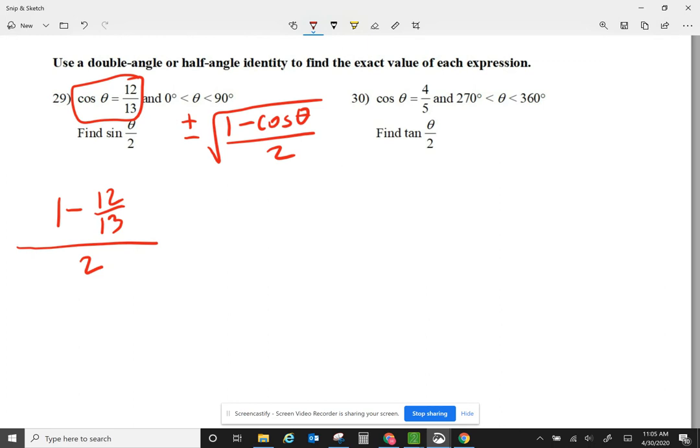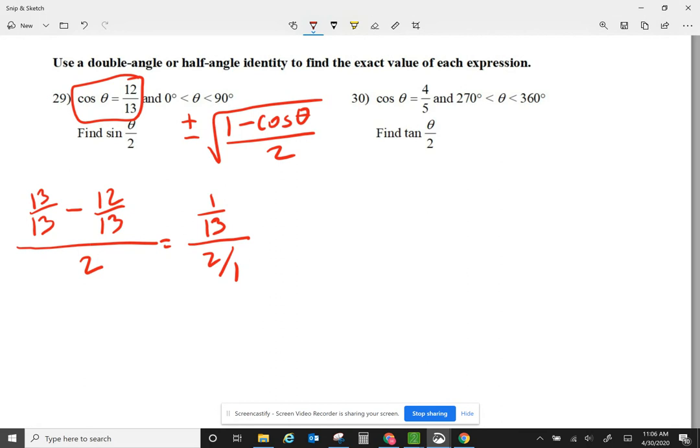I'll worry about the square root at the end. Right now, I'm just looking at that fraction. Let me write my 1 as 13 over 13, so that the two fractions have a common denominator. Now 13 over 13 minus 12 over 13 is 1 over 13, over 2 over 1.